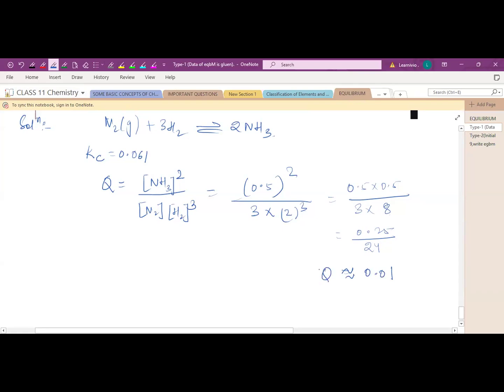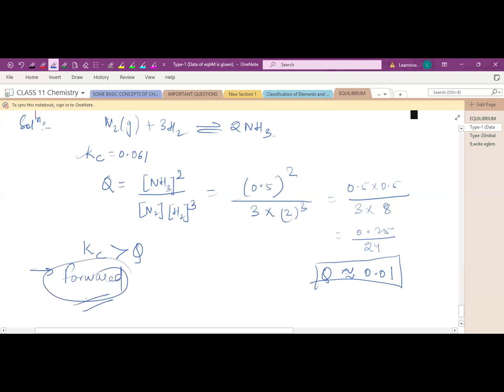So here Q is approximately equal to 0.01 and the value of Kc is 0.061. Kc is greater than Q, so the reaction will proceed in the forward direction.